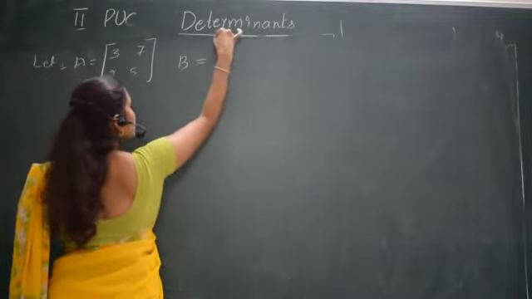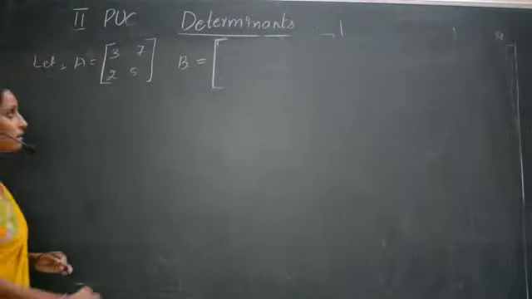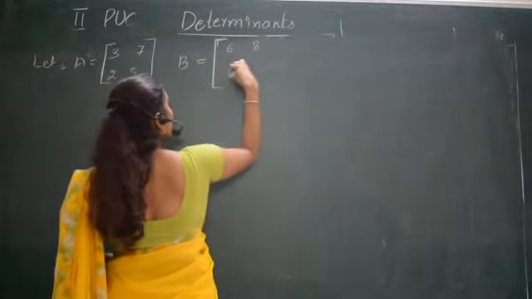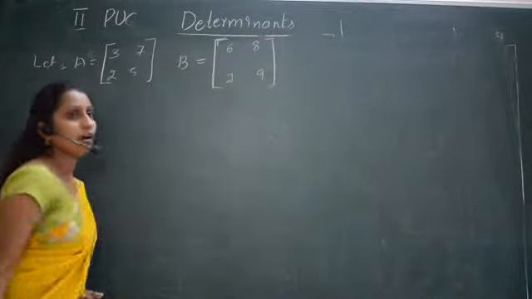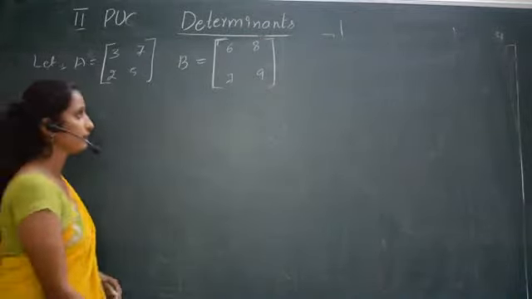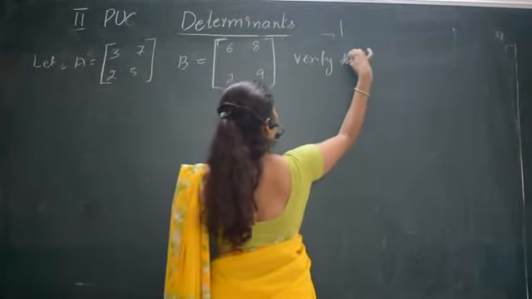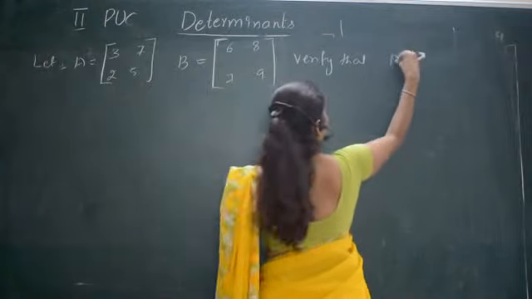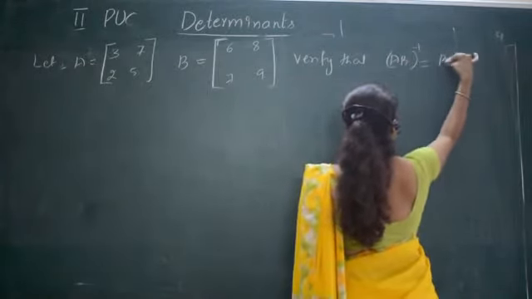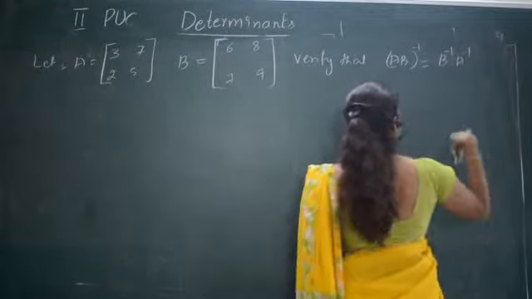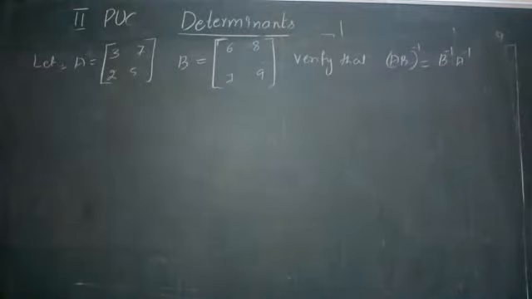B is the matrix 6 8 7 9. Verify that (AB) inverse is equal to B inverse A inverse.